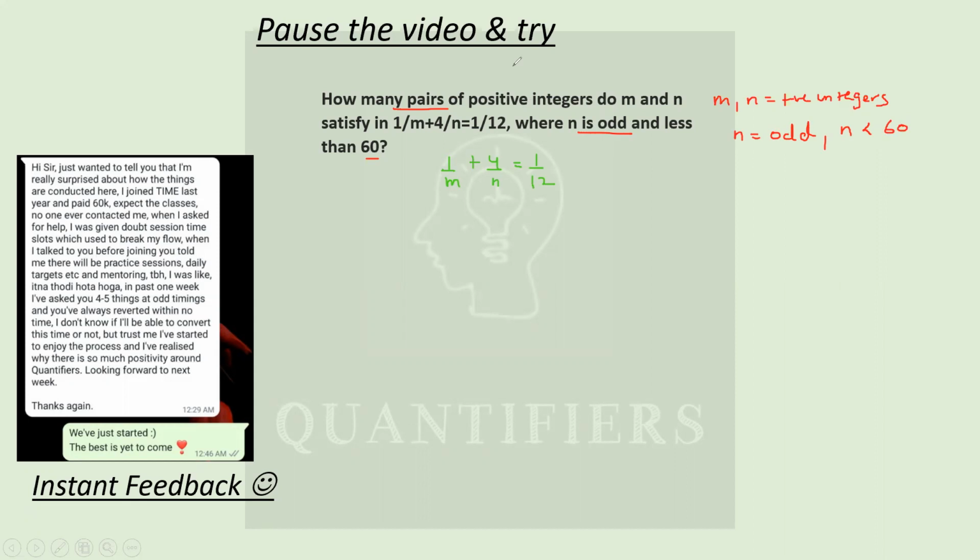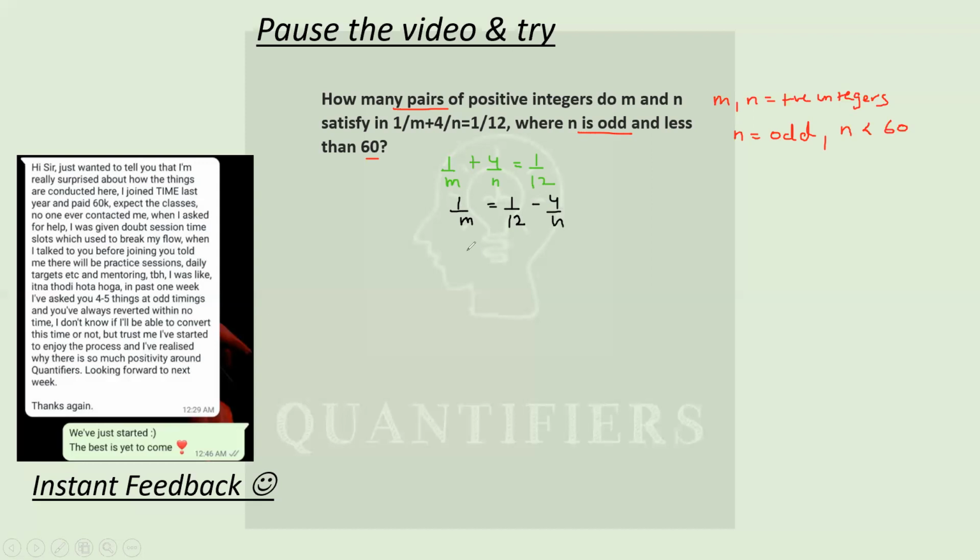Now students, for these types of questions there can be different methods, but the best method I would suggest is to write one variable in the form of the other variable. So either you can write m in the form of n or n in the form of m. किसी एक वेरिएबल को किसी दूसरे वेरिएबल के फॉर्म में अगर हम लिखेंगे तो इससे हमें काफी हिंट मिलेगा. So let's see, if I simplify it, I can write 1 by m is equal to 1 by 12 minus 4 by n.